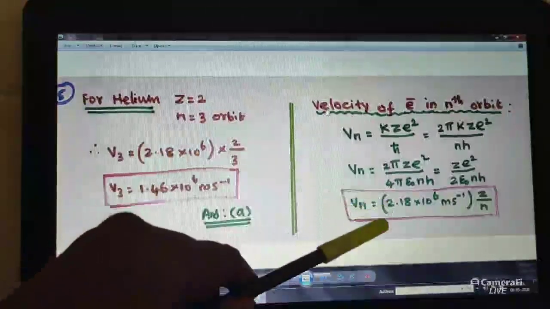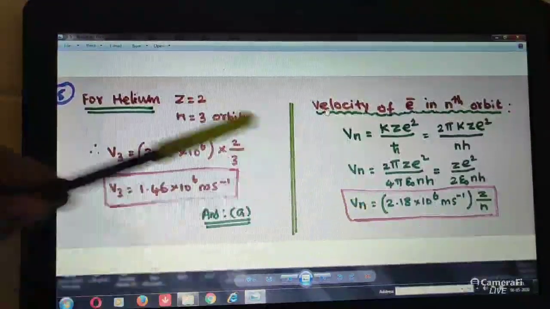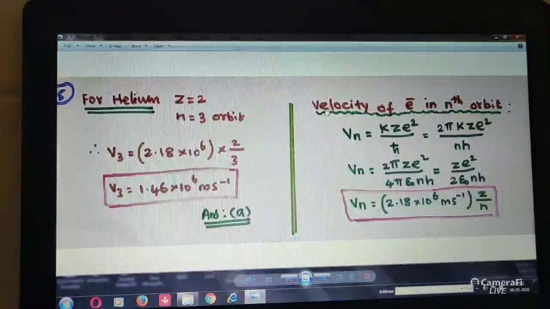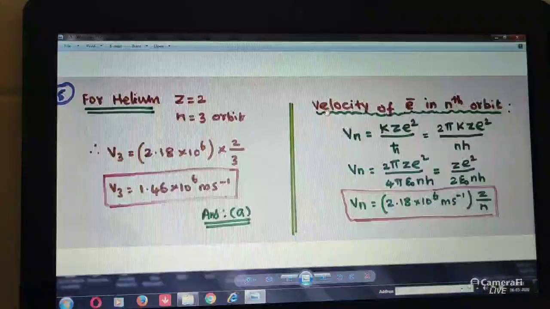So please remember this formula, highly important. Sometimes in some questions, maybe they're asking the ratio of third orbit and sixth orbit velocity.